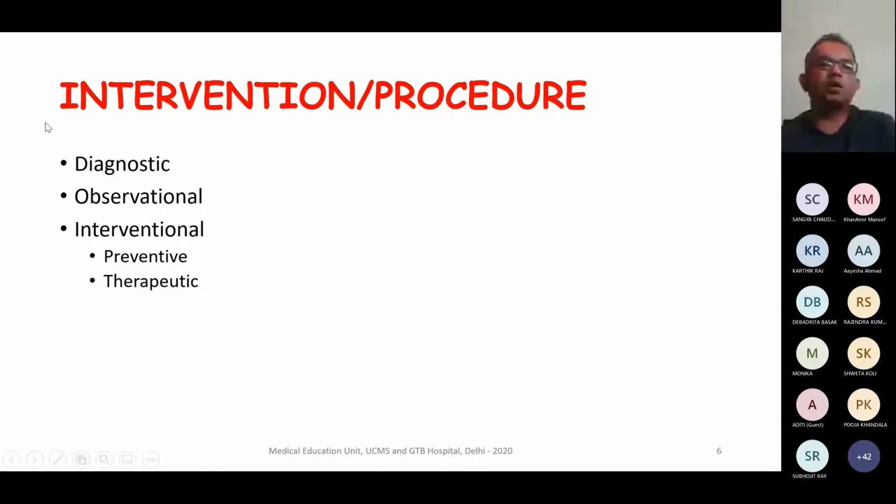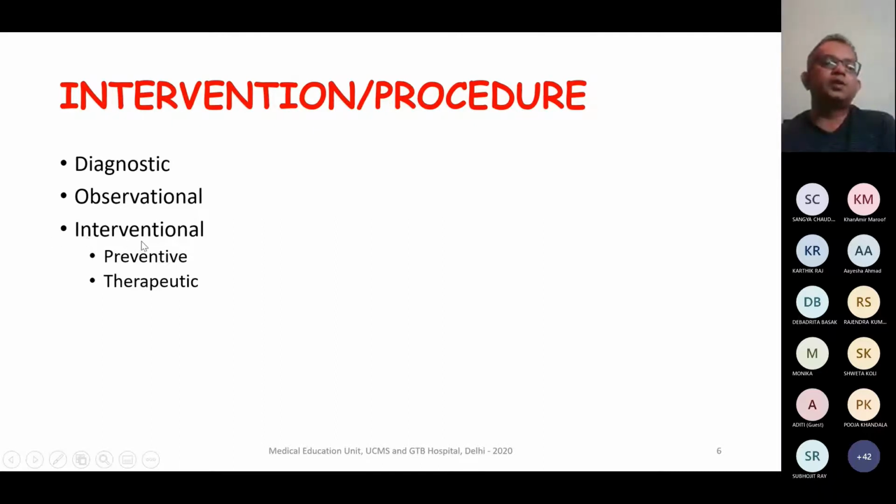So it can be diagnostic. Most theses will be observational, where you have a case and a control group and you study certain parameters. You are not intervening in the patient, or giving any intervention, but just observing the difference between the two groups.